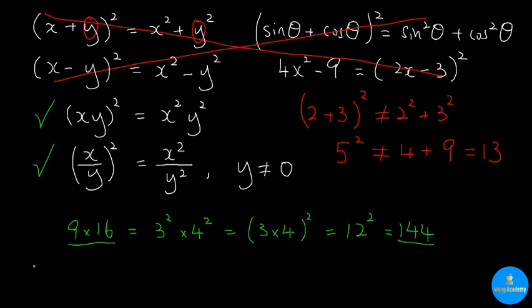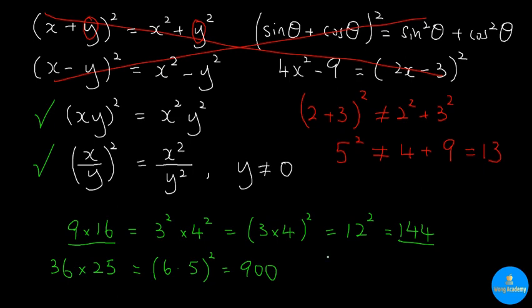Another example is 36 times 25. Because 36 is 6 squared and 25 is 5 squared, I can rewrite that as 6 times 5 all squared, which is 30 squared, which is 900.